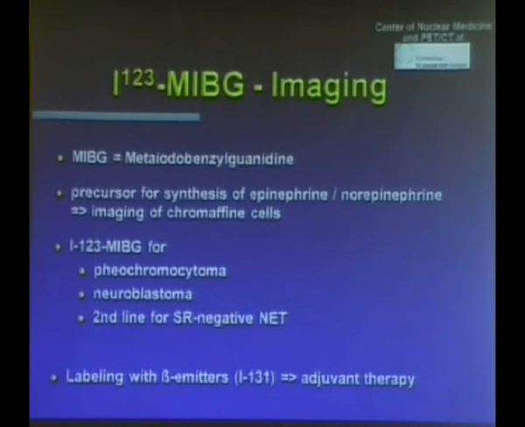They can show no activity, and of course some tumors with somatostatin receptor positivity show no chromaffin activity, and vice versa. So this nuclear imaging investigation has to be performed as a second line, especially for patients with somatostatin receptor negative tumors.